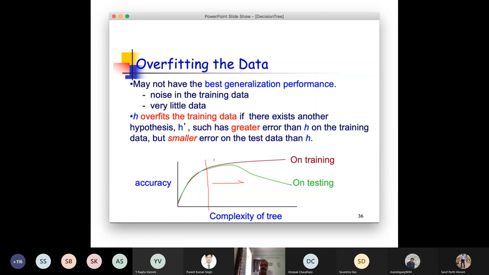After that, you are getting data overfitting. So we should try to avoid this situation, and we should try to get our solutions in this range. With this, let me stop today because the time is over, and we'll start the next class.